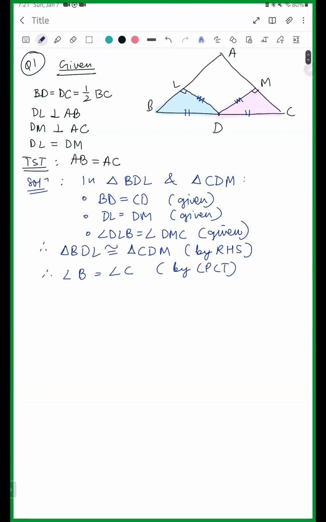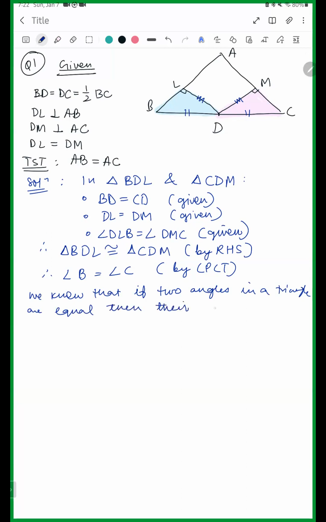Angle B is equal to angle C. And we know that if two angles in a triangle are equal, then their opposite sides are also equal to each other.